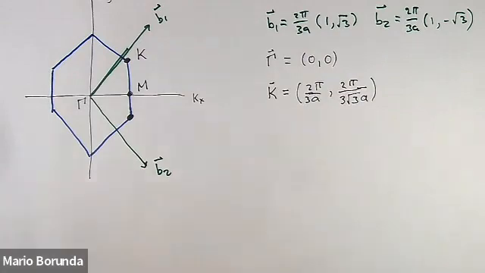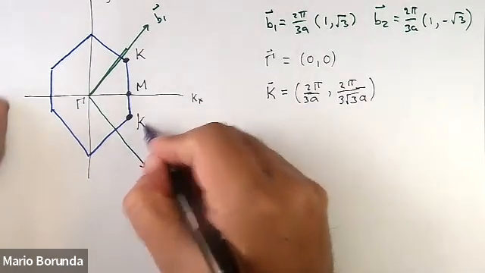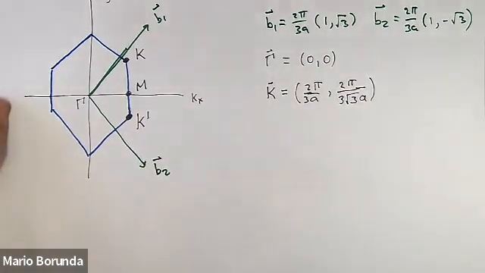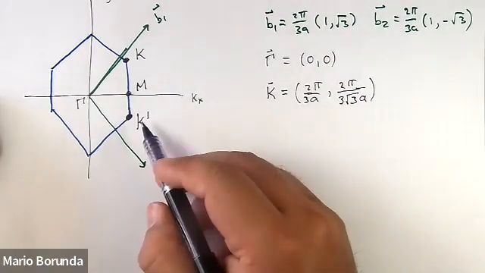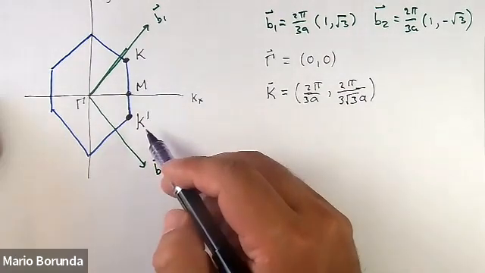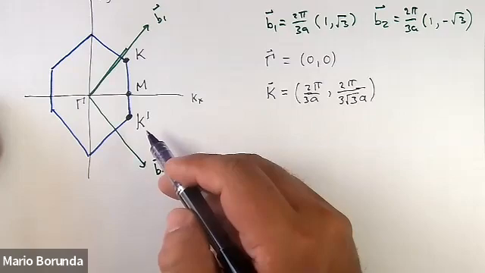And then in graphene, the corners would be called the K points, but it turns out because graphene has 2 atoms, these 2 are not exactly identical.